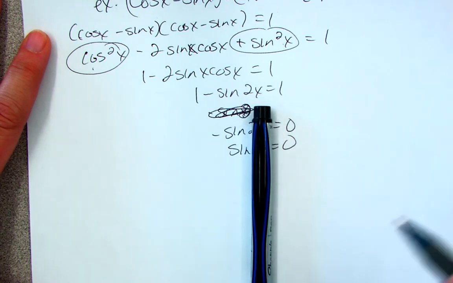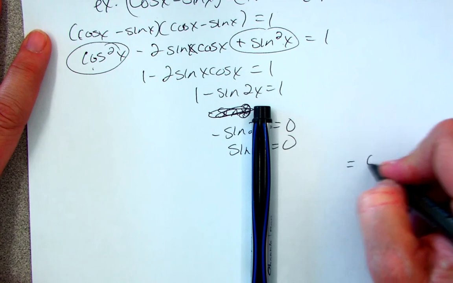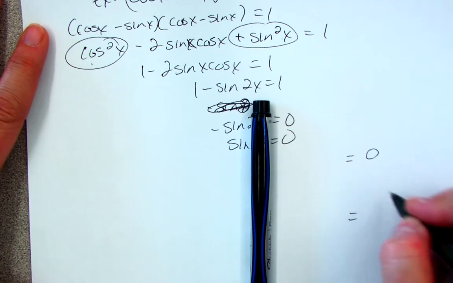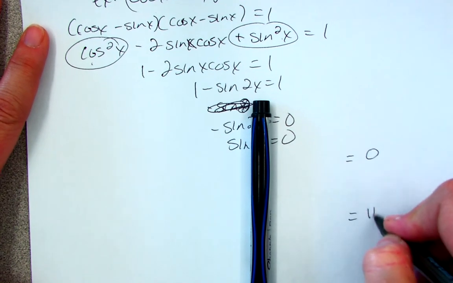So that happens at 0, and it happens at pi.